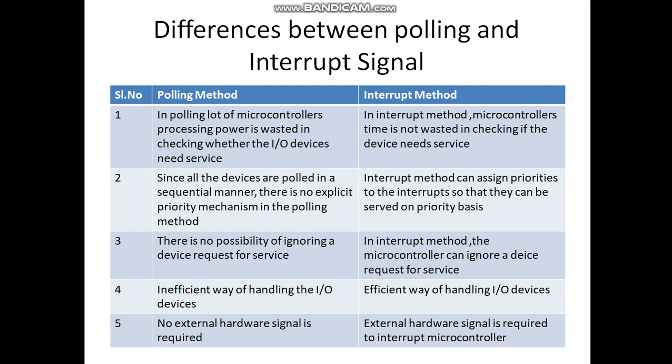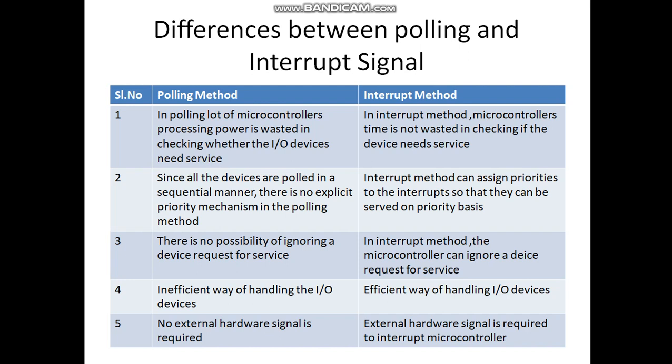Whereas in interrupt, priority can be assigned by using the interrupt priority register, that is the IP register. In the case of polling, there is no possibility of ignoring a device request for service. As devices get serviced one after the other, there is no way any device is left out.